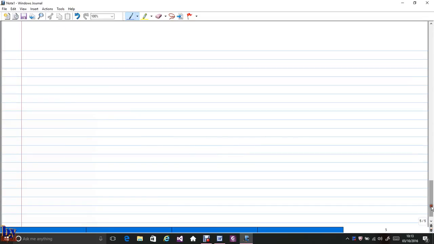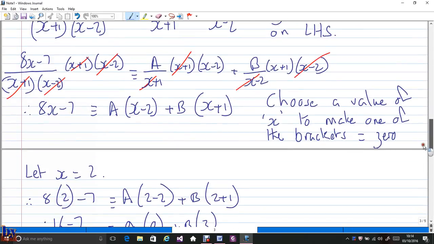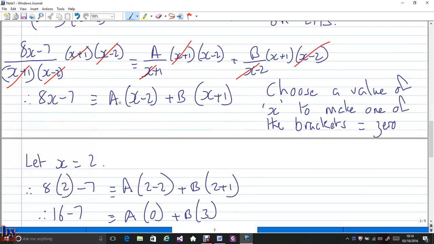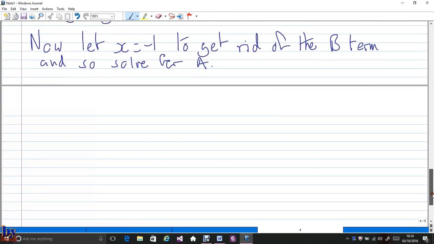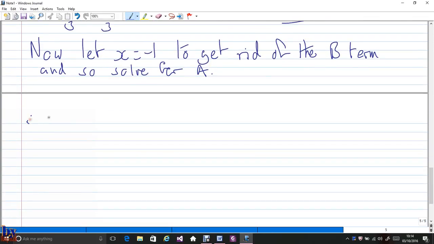Okay, so again what we're doing is, in this expression here, we're letting the value of x equal minus 1. So we have 8 times minus 1 minus 7, which equates to a into minus 1 minus 2.